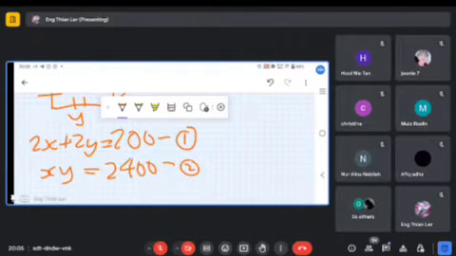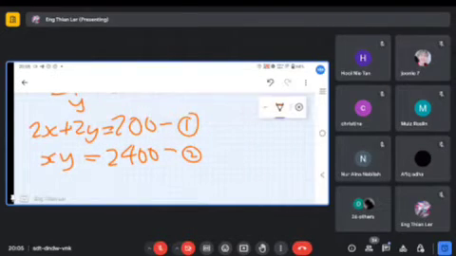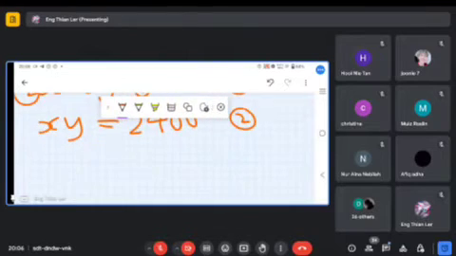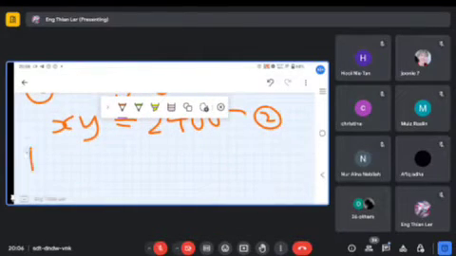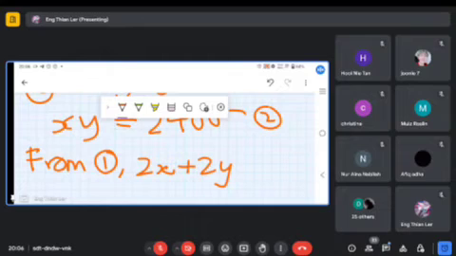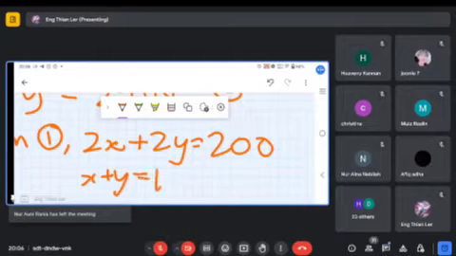For the first equation, clearly the 2x, 2y and 200 can be divided. From equation 1, 2x plus 2y equals 200, we divide both sides by 2. We get x plus y equals 100.